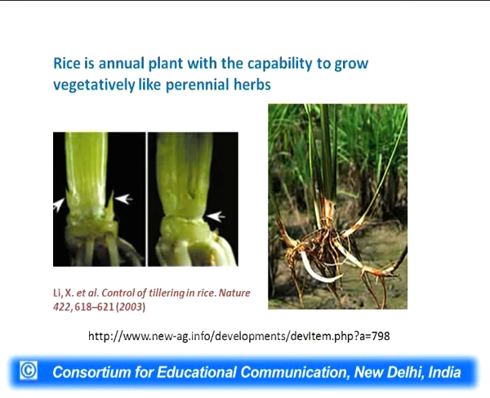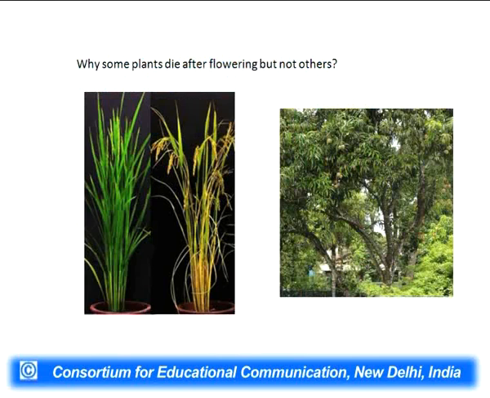So, very much like banana, rice is also capable of regenerating vegetatively and growing at the side. So, there is a stem in the underground, and that stem can be considered a perennial stem. However, there is a difference in terms of senescence. The difference is that you look here at the picture of a rice plant.